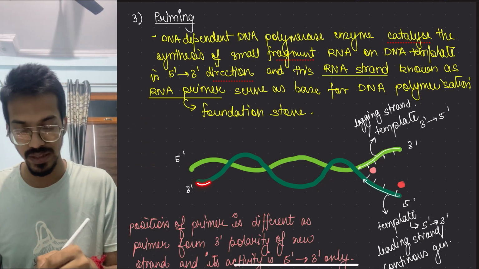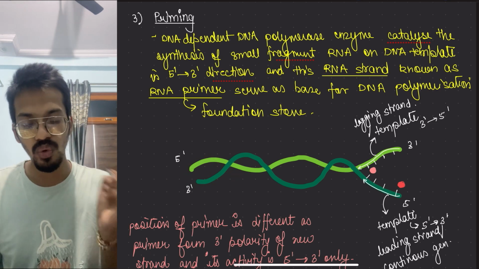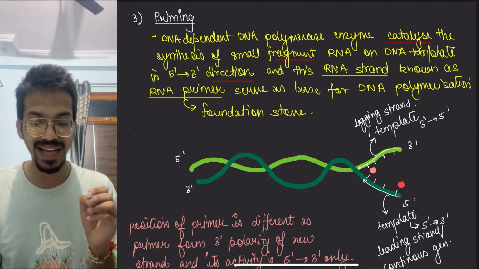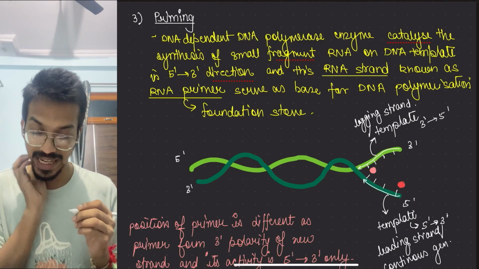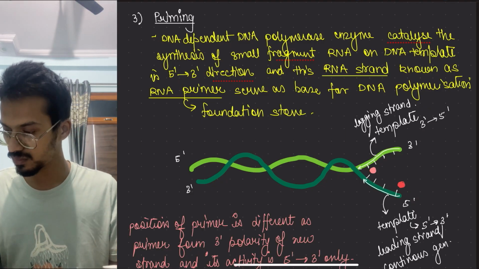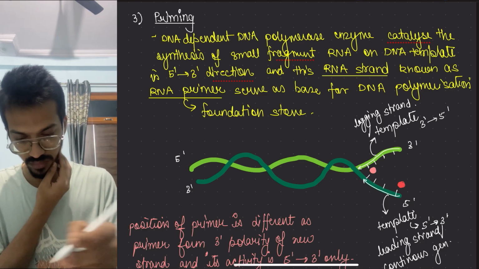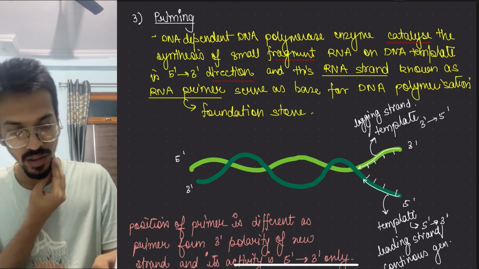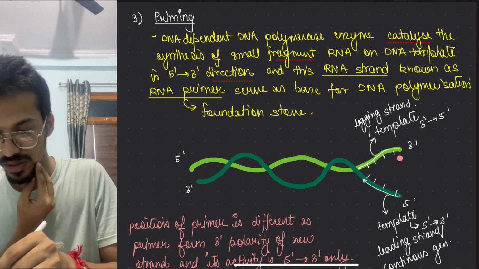Whatever the template strand, whether the dark green one or the light green one which I have shown you, it will go and attach to the 3' end of it. If I'm saying it will attach to the 3' end, it would be something like this. So this is the 3' end.